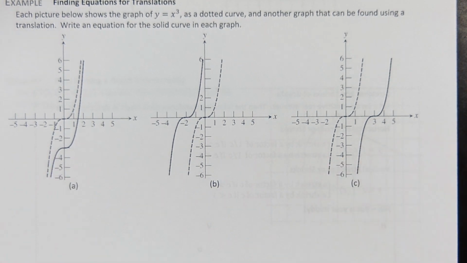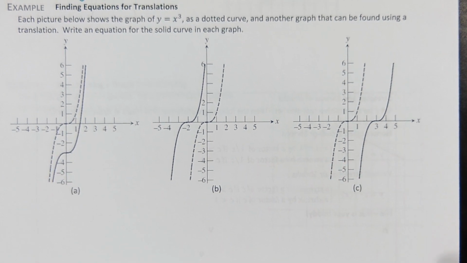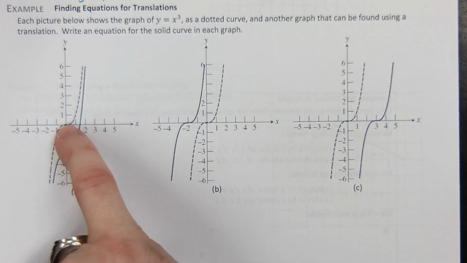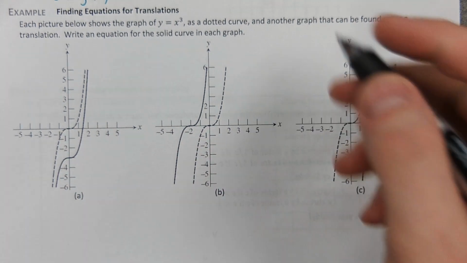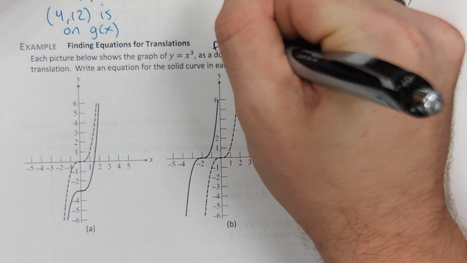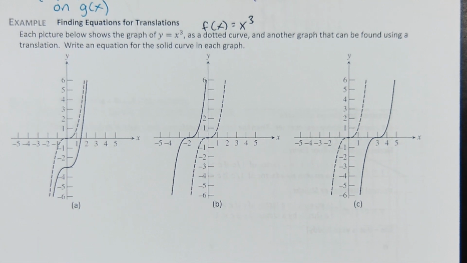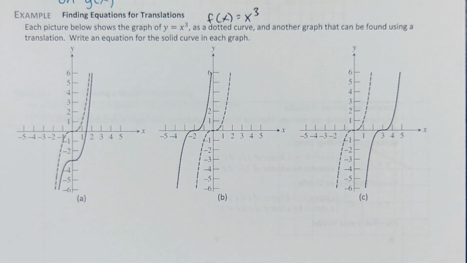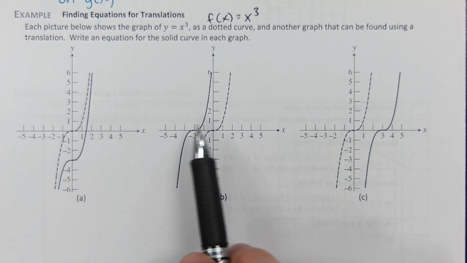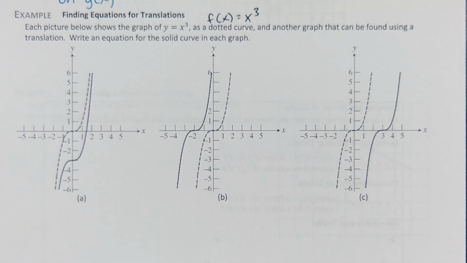All 3 of these examples start with the parent function f of x equals x to the 3rd. It's the dotted one on all 3 of them. And regardless of whether or not you've ever seen a cubic graph before, we should be able to just see what we did to the dotted graph to get to the solid graph.